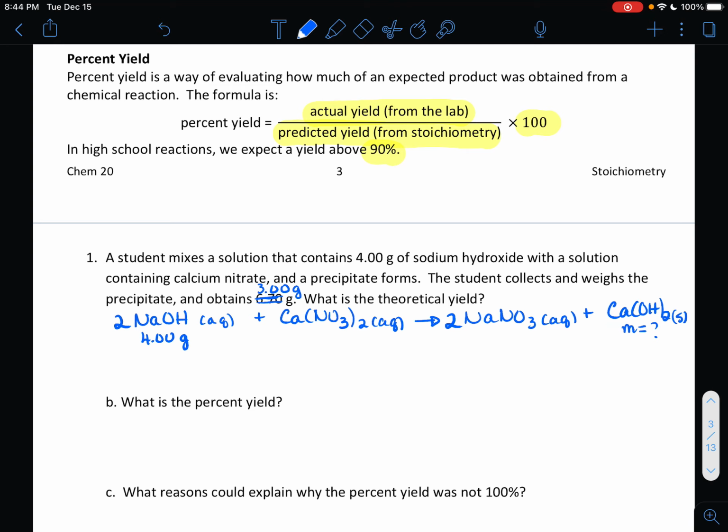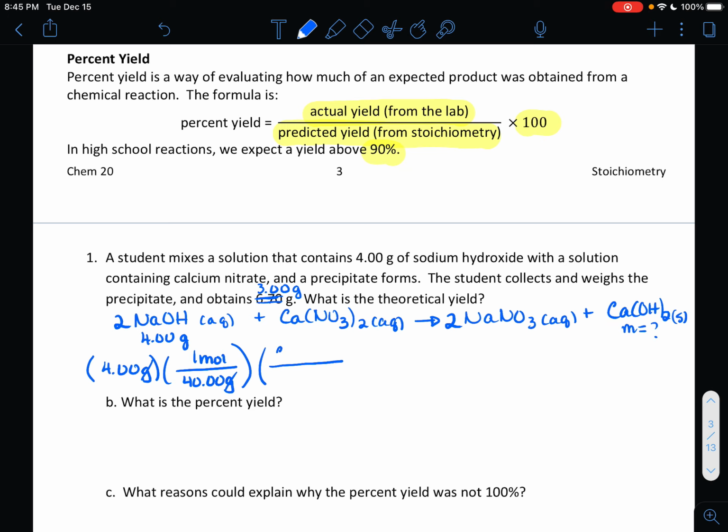That's step 1. Step 2 is to find moles. So I start with 4 grams and I use my molar mass of sodium hydroxide to find my moles. So I've done that step now. I've got my moles of sodium hydroxide. My next step is a mole ratio. And what I'm looking for goes at the top.